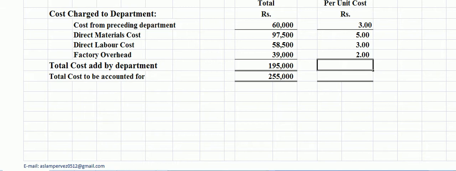Now we add these costs in this place, the sum. This is 10 rupees per unit cost in this department. Now we add this with the preceding per unit cost.